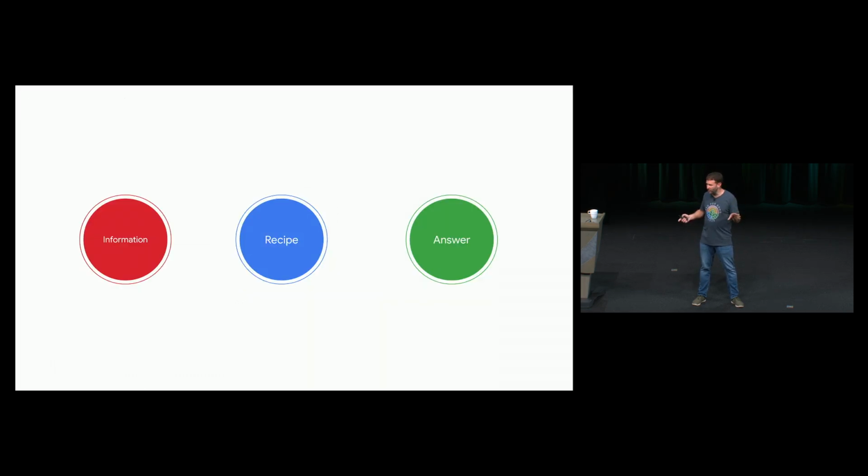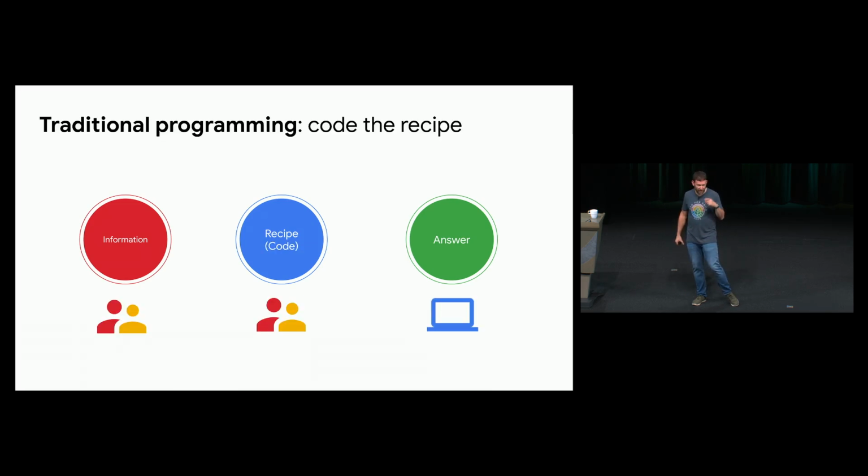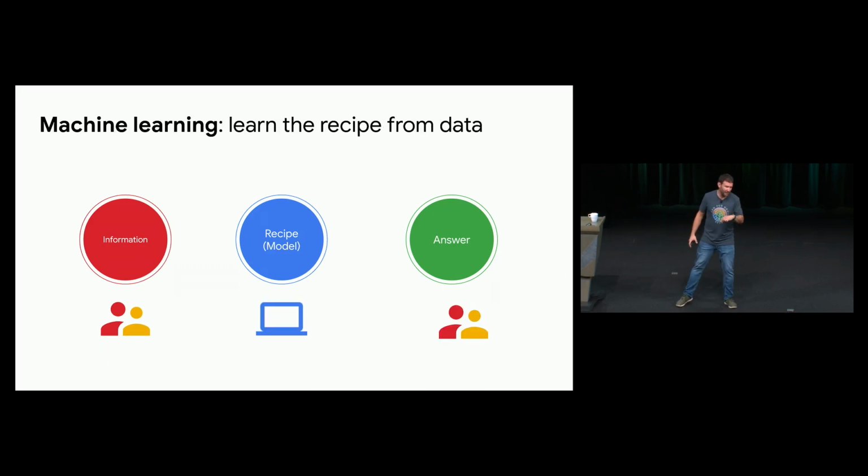Let's talk a little bit more about how machine learning works. It's actually fairly similar to traditional programming. In programming, you typically have some information, and you want to get an answer out of it. And in traditional programming, you put a human being in the center. The human being codes up the approach to turning raw data into an answer. And in machine learning, we do the opposite. We provide a set of answers and the information, and we let the computer put together the recipe.